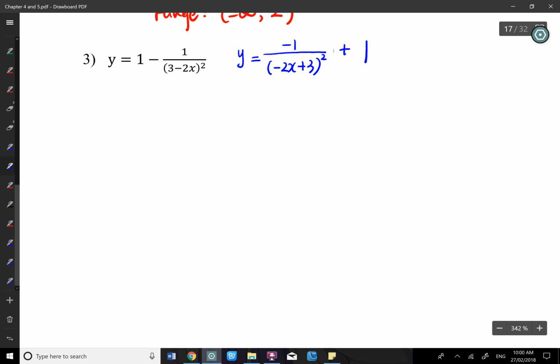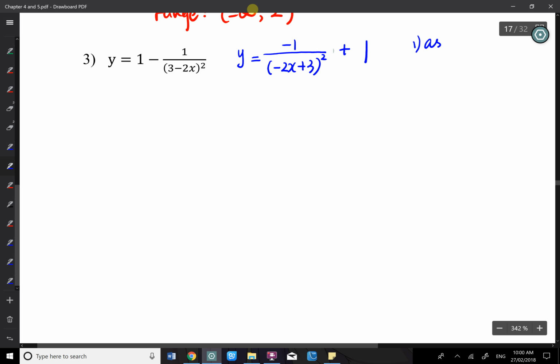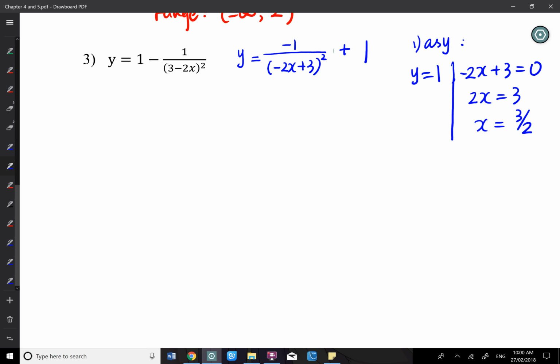Then we'll look for the asymptotes. The asymptote will be y equals 1. And the other one will be -2x plus 3 equals 0. 2x equals 3, and x equals 3 over 2. That's the x and y asymptotes. As I said, you just solve denominator equals 0.